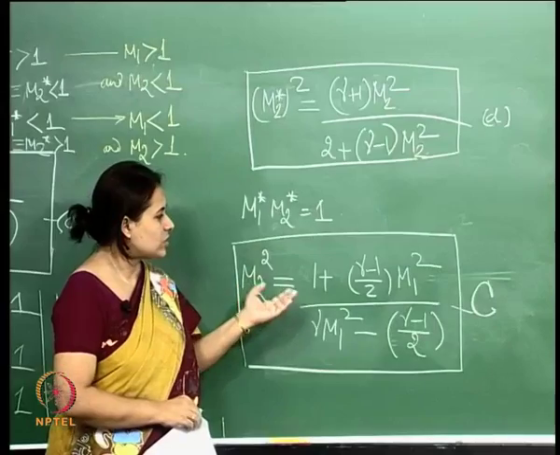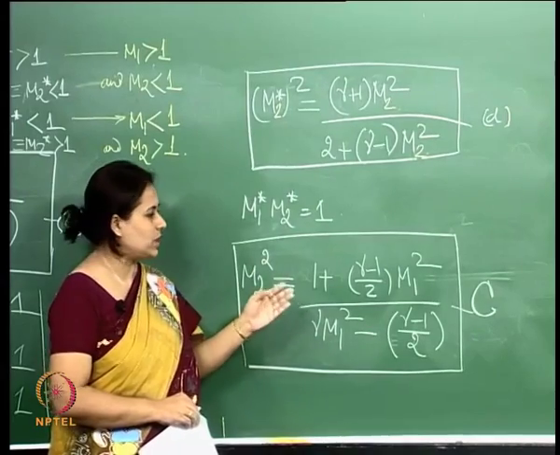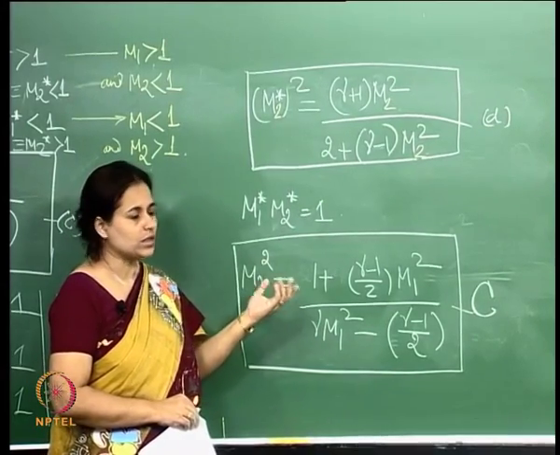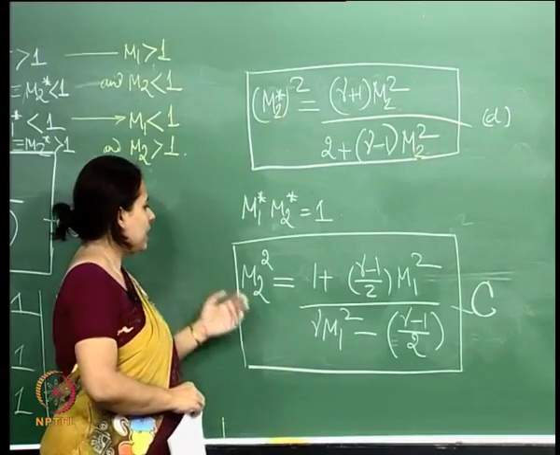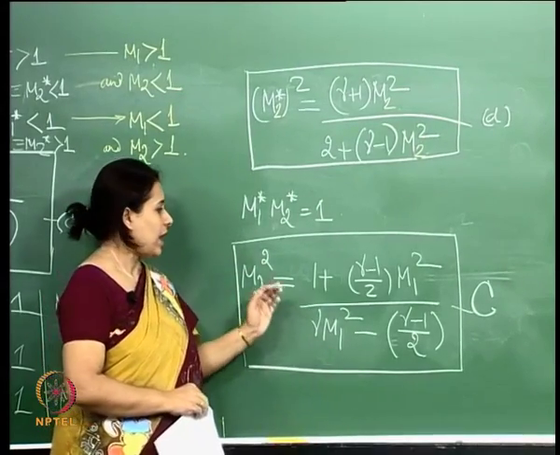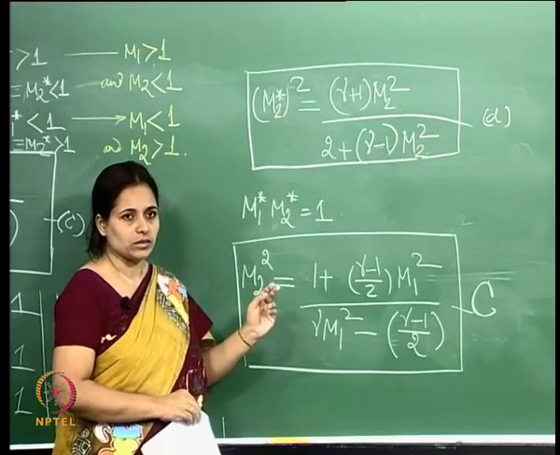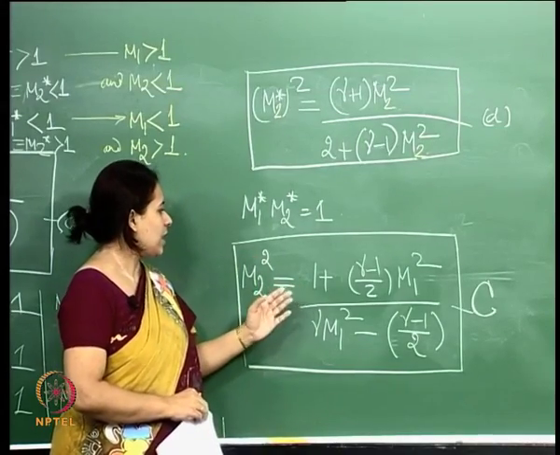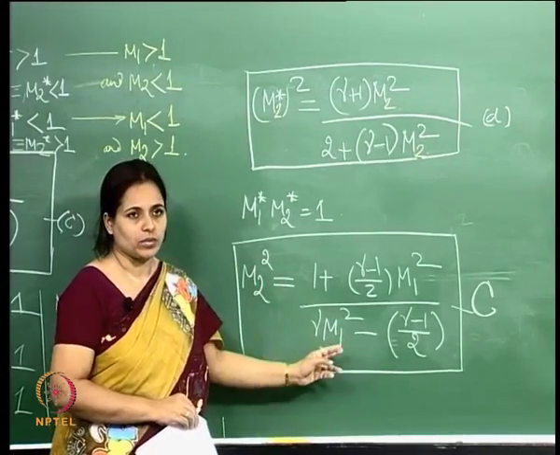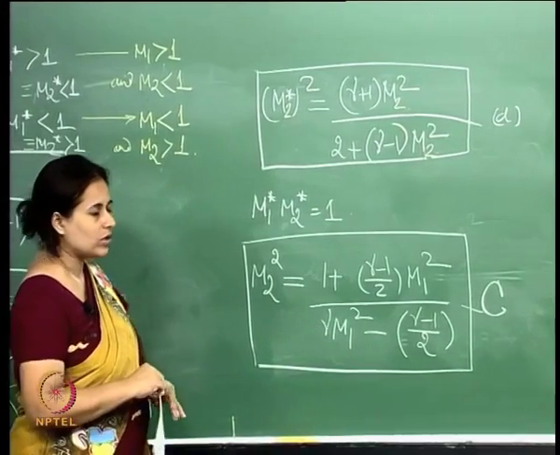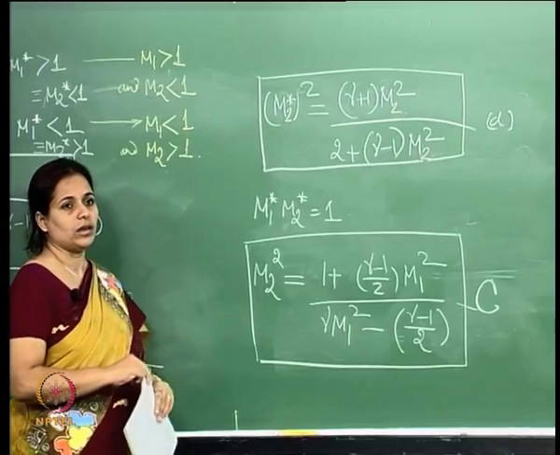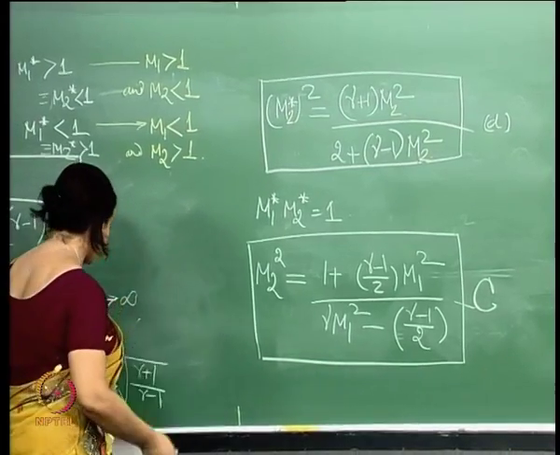Now, let us do that also for the changes in the properties: the density changes, the temperature changes and the pressure changes, and also the entropy change, in terms of the incoming Mach number. Let us see how those expressions look, and then we will try to answer the final question.